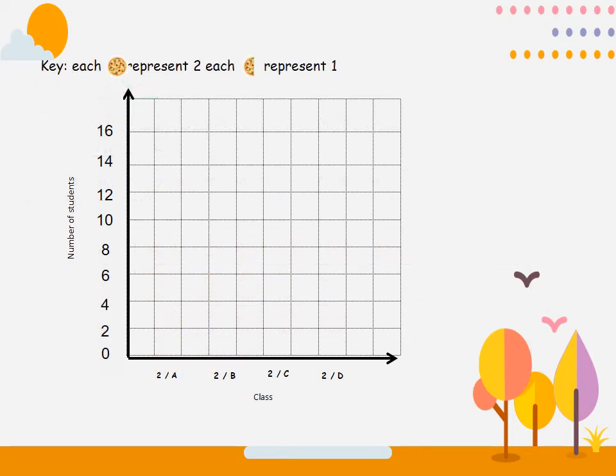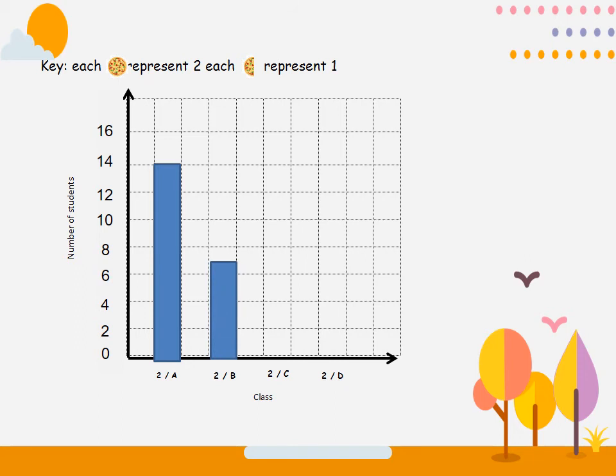I want to represent these numbers on this graph, on this paragraph. So we say that in 2A I have 14 students who like pizza. And in 2B I have how many? 7 students.